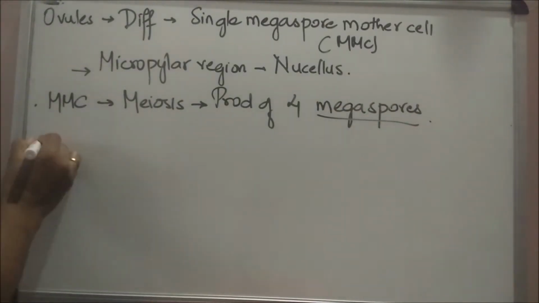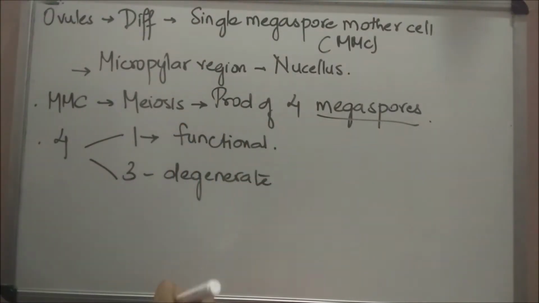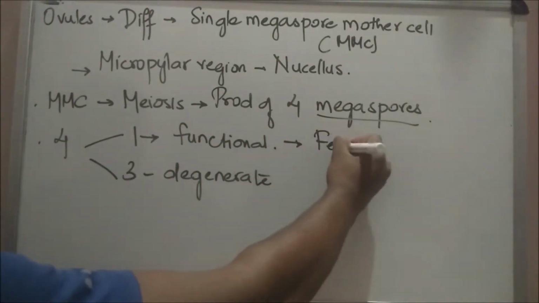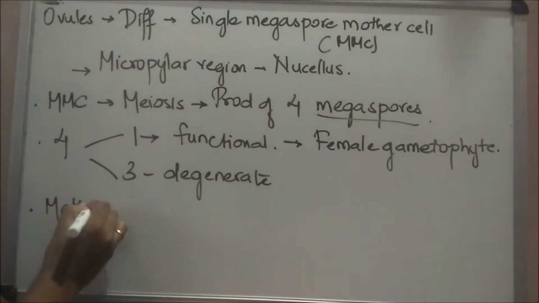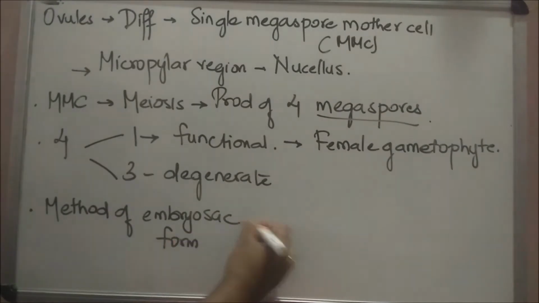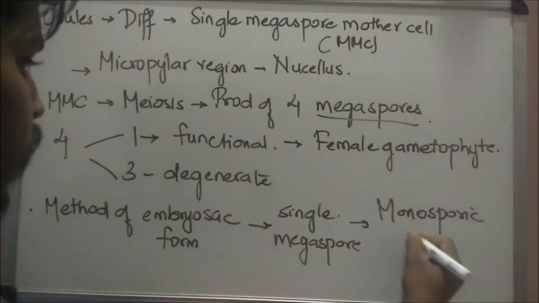In a majority of flowering plants, one of the megaspores is functional whereas the others degenerate. The functional megaspore develops into a female gametophyte. This method of embryo sac formation from a single megaspore is termed monosporic development.